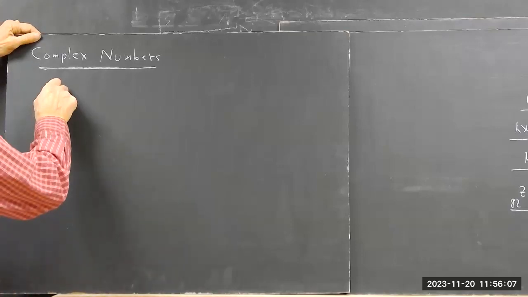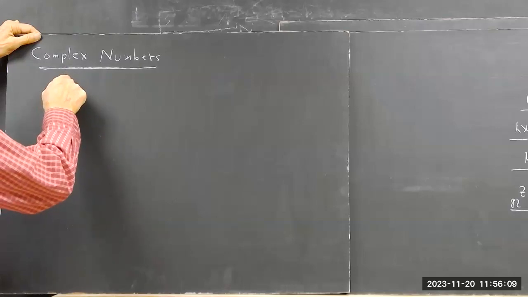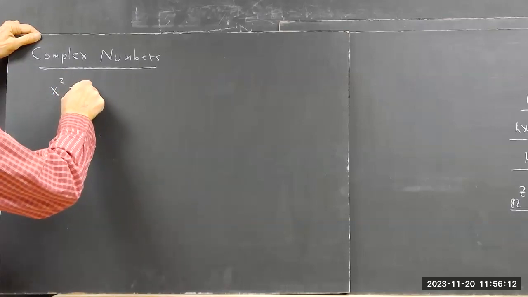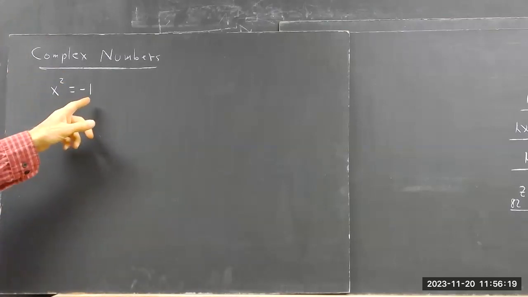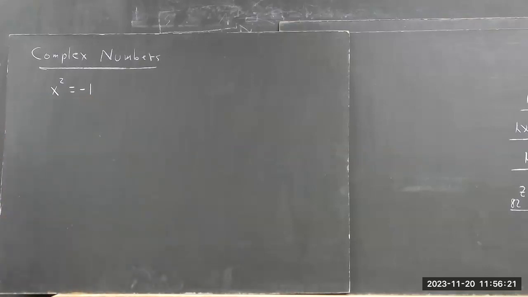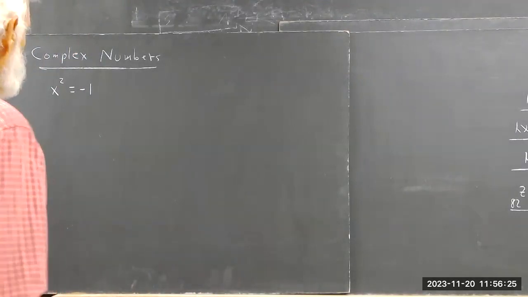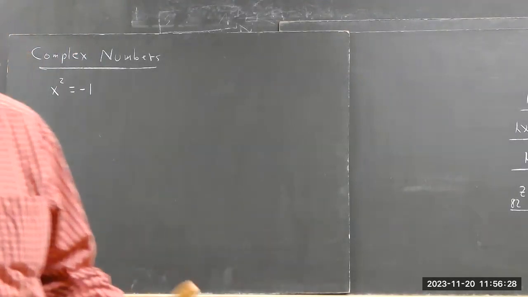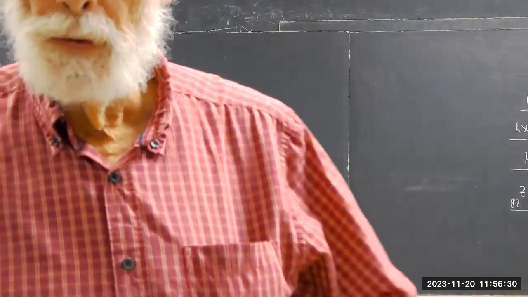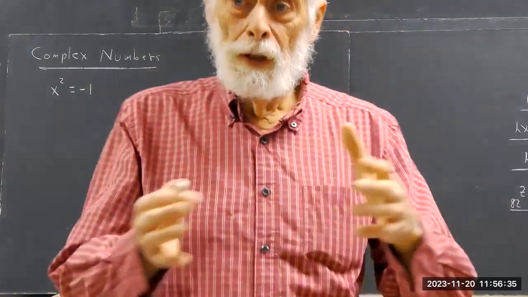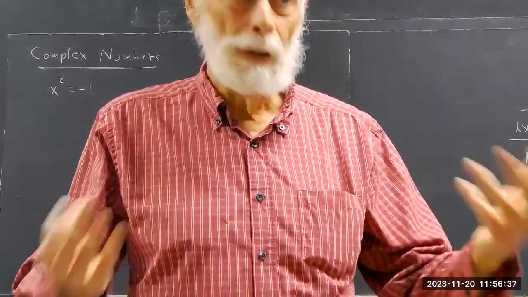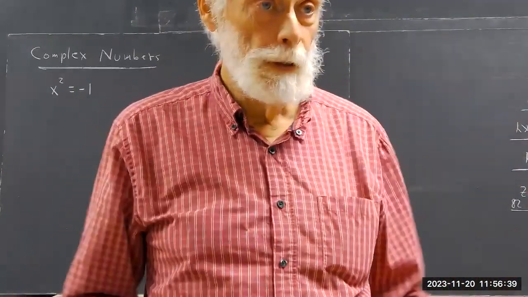Let's say we have the equation x squared equals -1. What number would you square to get -1? If you square a negative number, like if you square -4, you get -4 times -4. That's positive, isn't it? Because you multiply two negatives, you get a positive.